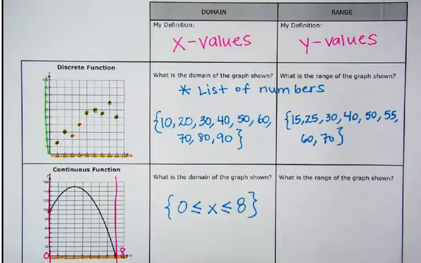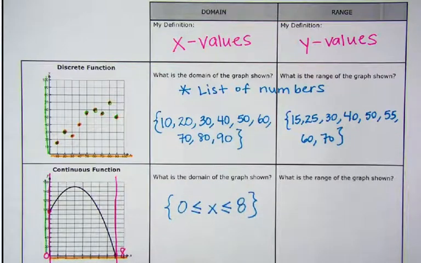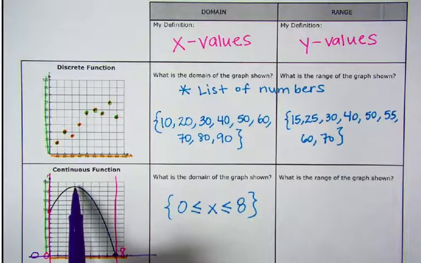Now I'm going to do the same thing for the range. So range is what's happening up and down. I don't care what's going on left and right, I just care about what's happening at the bottom and at the top. So if I look at the very bottom of this graph here, there is my very bottom point at the point 80. So I'm going to draw a line across. That y value is y equals 0. Then I'm going to go to the very top of my graph, which occurs right up here at the curve.